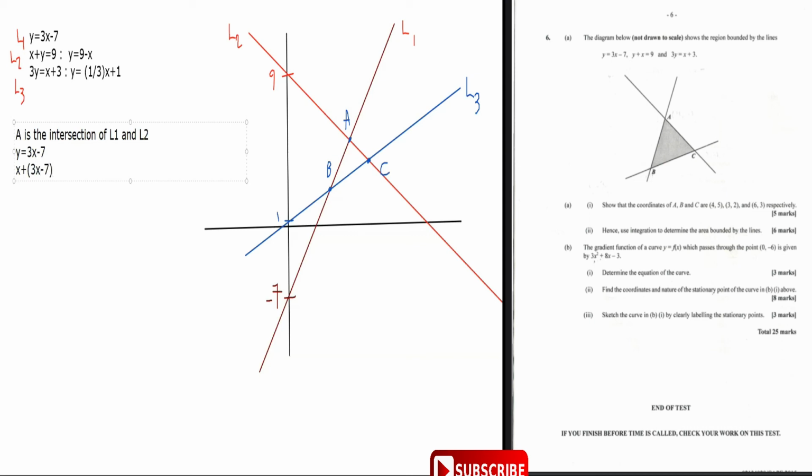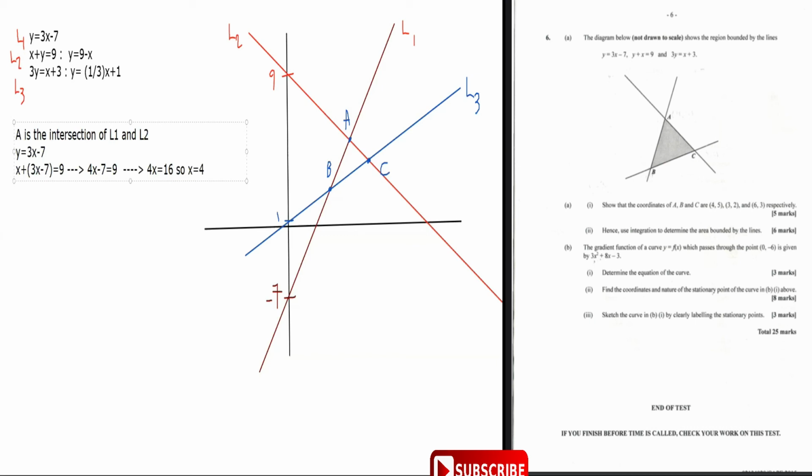We substitute it into the second one, that's equal to 9. What that implies then is that we're getting 4x minus 7 is equal to 9. And so 4x is equal to 16. So x equals 4.